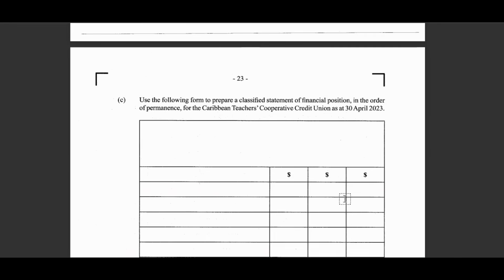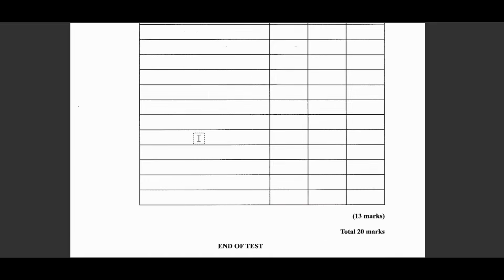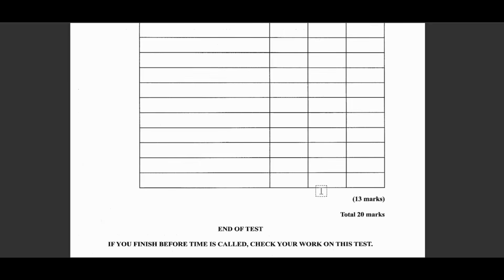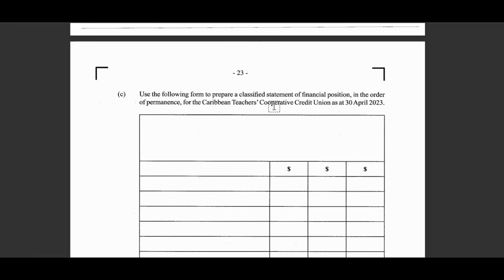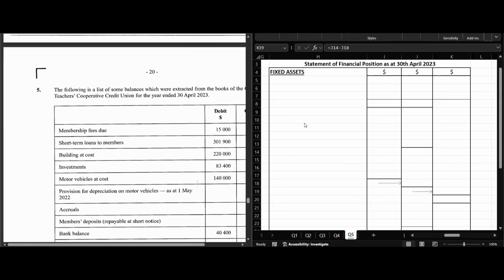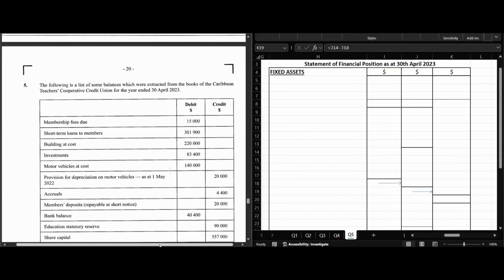Looking really good. Now the final part of this question, part C, the final part, guys, was for 13 marks. You had to put together your statement of financial position for this business. So guys, let's see if we can get this one done together. So based on the data that we have, we're going to put together our statement of financial position.